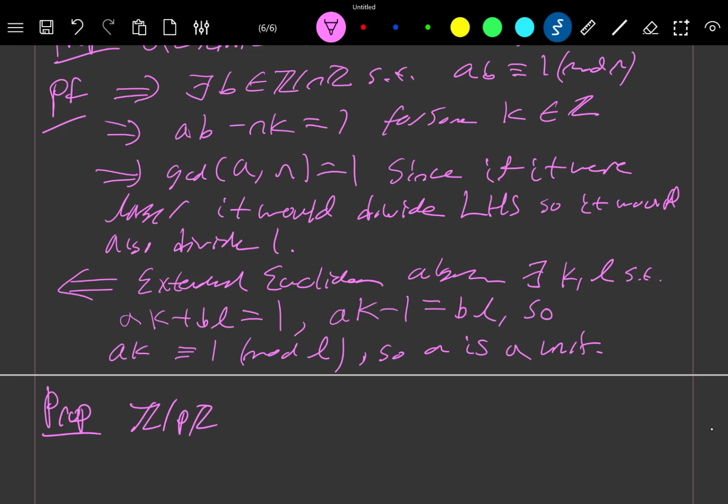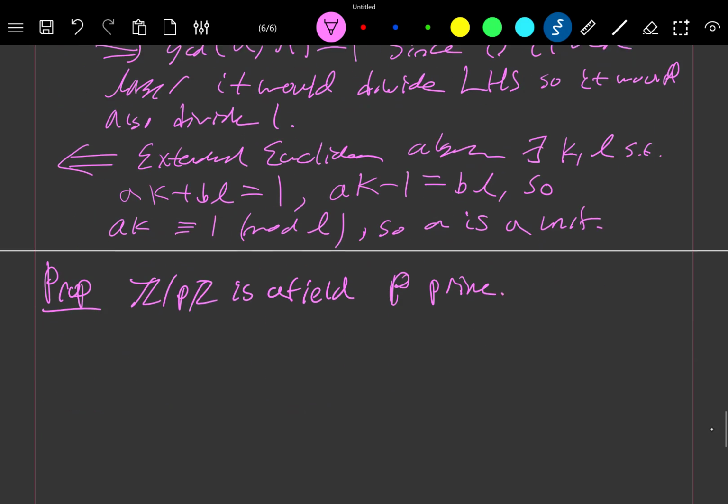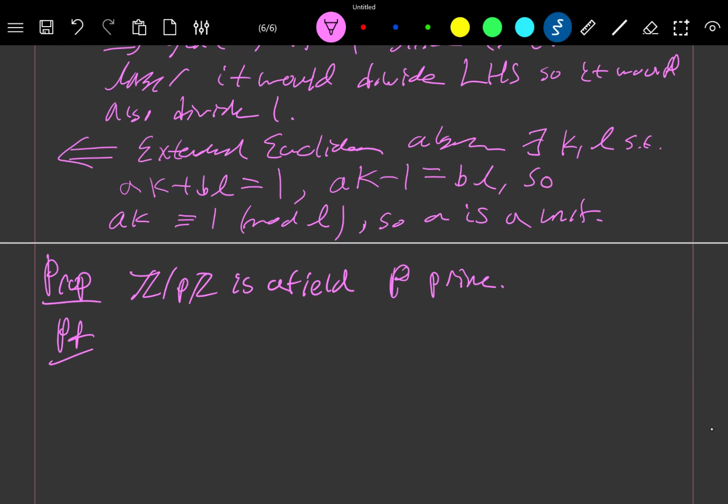Now we can finally prove that Z mod pZ is a field, where p is prime. The proof is: if a is not equal to 0 in Z mod pZ, then the GCD of a and p is equal to 1, because the only numbers that divide a prime are 1 and itself.